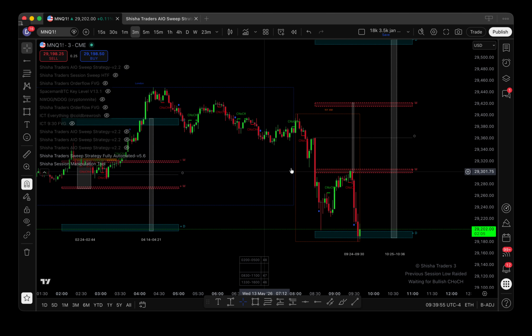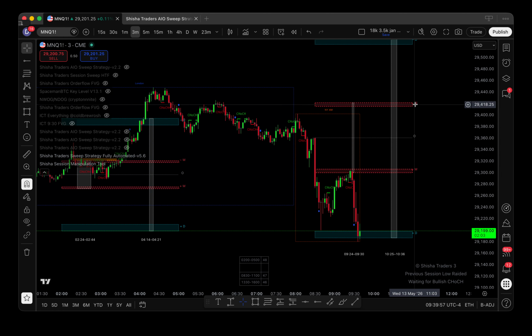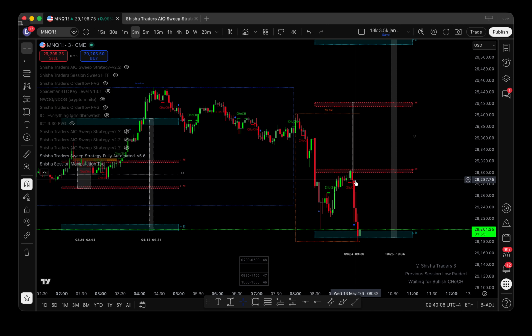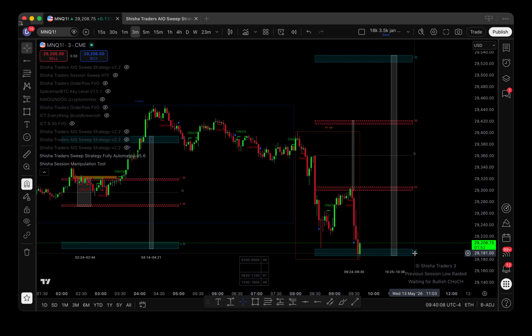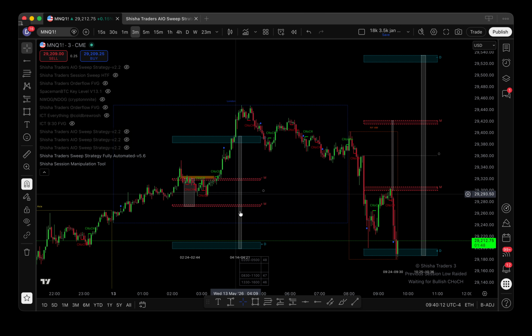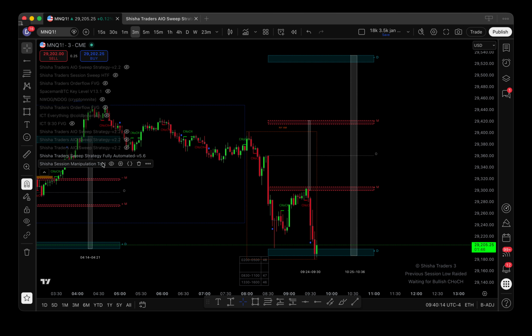And for the bearish scenarios, it manipulated all the way around this area before going down. And it distributed to this level and it distributed to this level, right? You can see we got different results around here and around here, right?